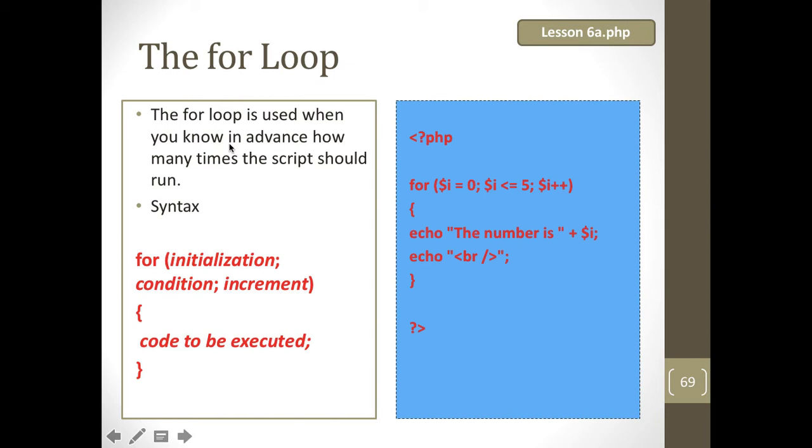Okay, the for loop is used when you know in advance how many times the script should run. Normally in a conditional statement you have conditions. In a for loop it's also the same, but you have to put in a new thing called the increment, the variable of increment.